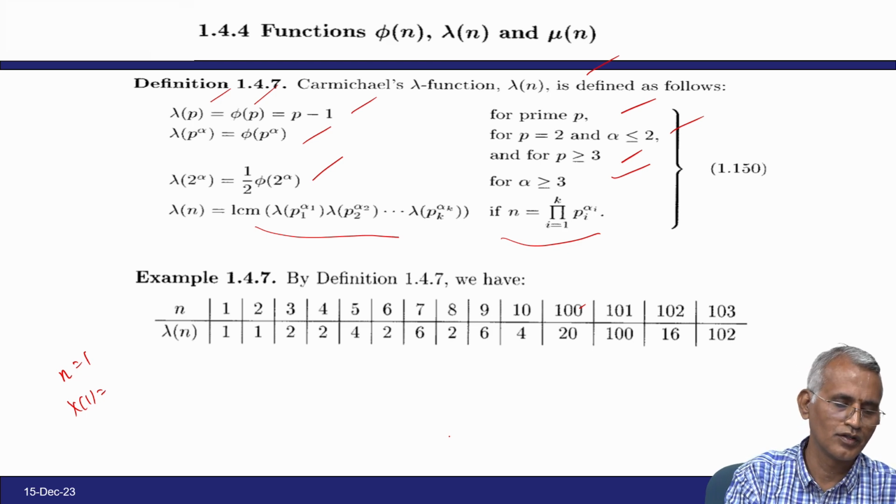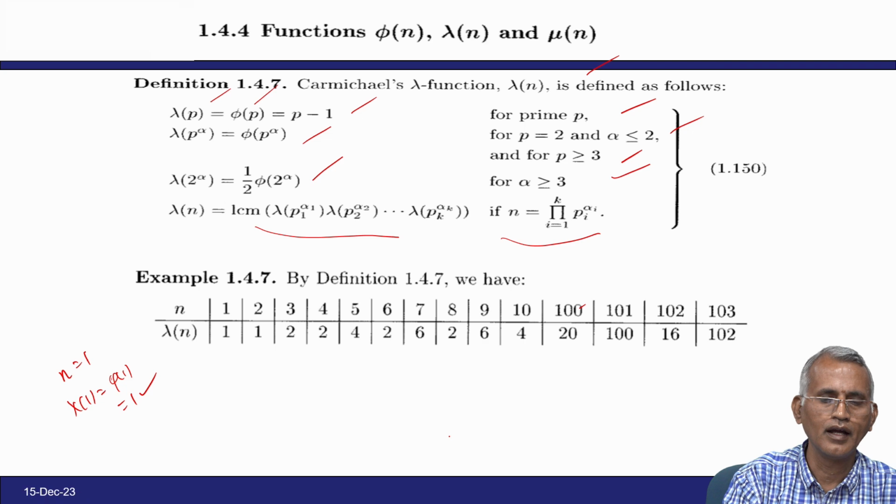So it holds good for phi of 1, and 1 only will come. Then you take p equal to 2, and lambda 2 equals phi of 2 equals 2 minus 1, which is equal to 1. This works.